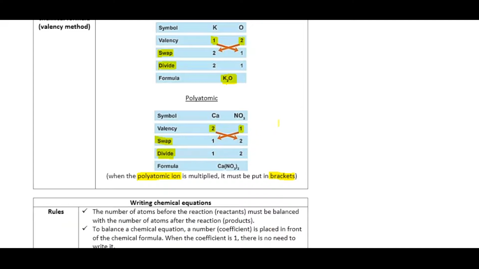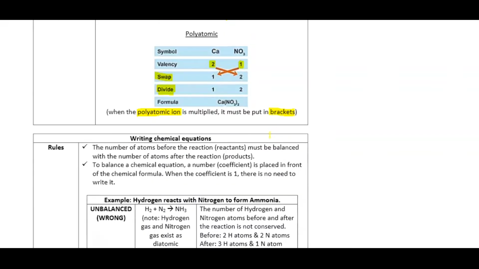In showing this reaction, you need to represent it in the form of a chemical equation. So a chemical formula represents the individual reactants or the products, whereas the whole chemical equation shows how the reactants react together to form the products. That is the difference between the two.